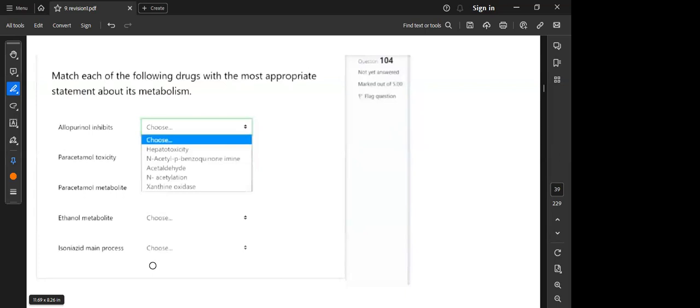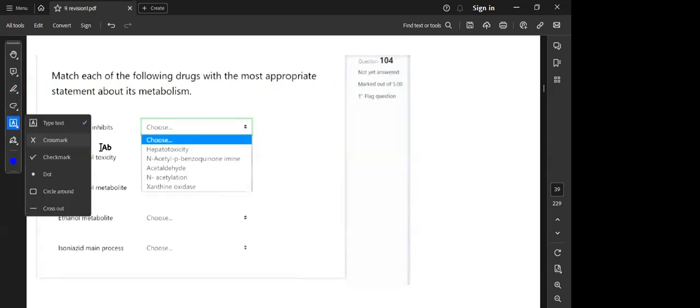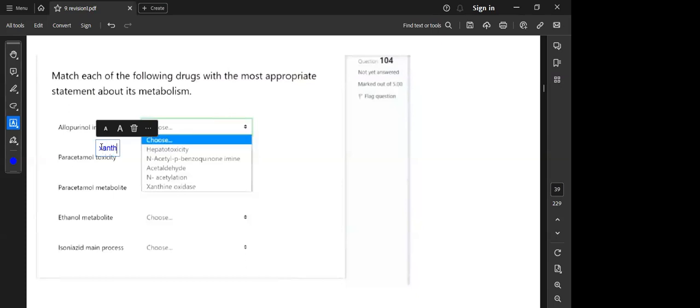Okay. So match the following drug with the most appropriate statement about its metabolism. Allopurinol inhibits... Paracetamol toxicity and NAPQI. Paracetamol metabolites and NAPQI. I don't know how it's pronounced anyway.